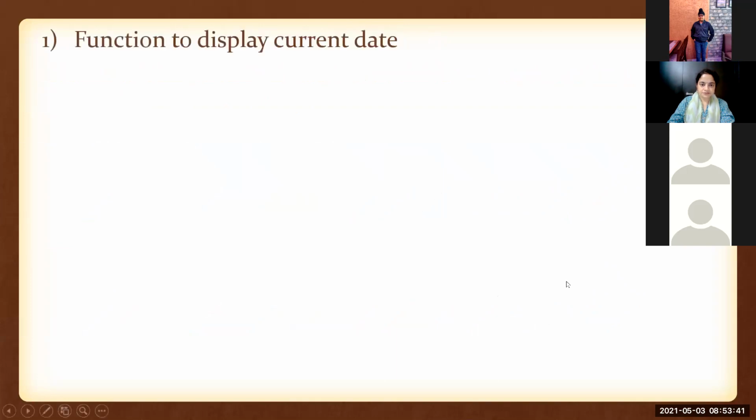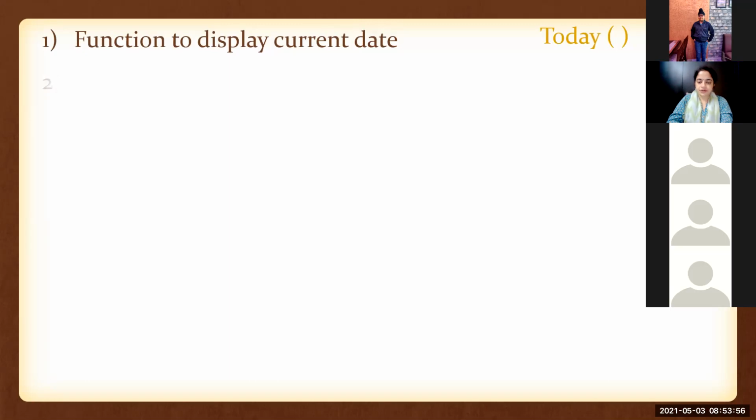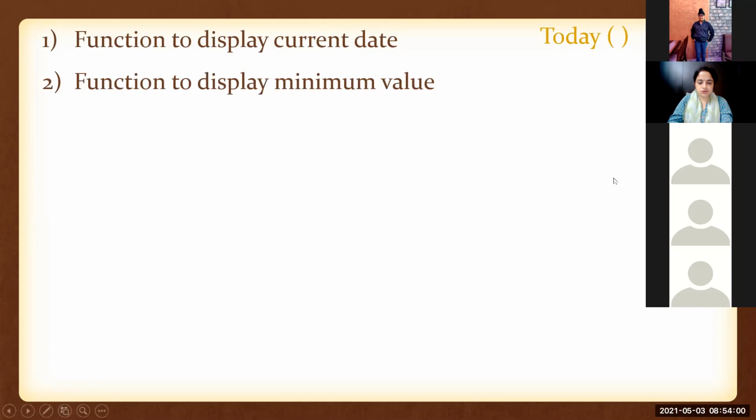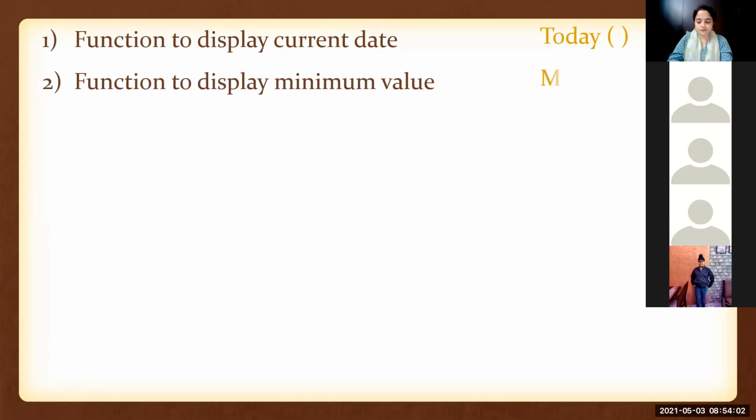Next is, you have to give me the names. Now, what are the uses of various functions? Function to display current date. Which function is used to display current date? Today function, correct. Okay. Which function is used to display the minimum value?